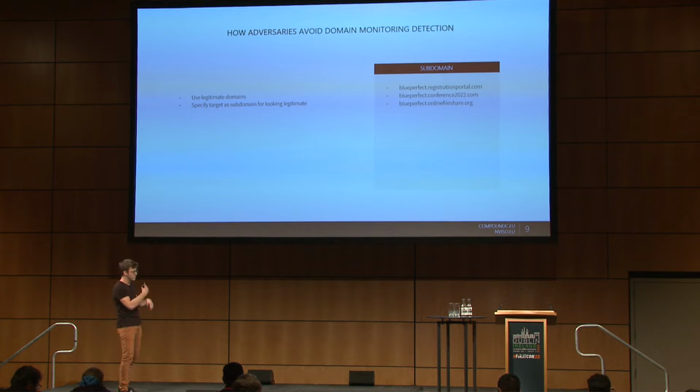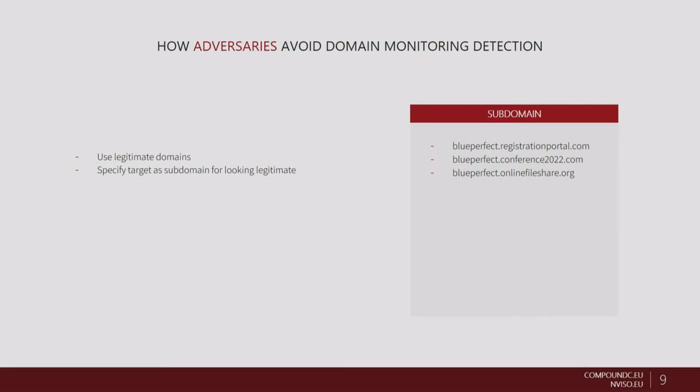Because I want to anticipate that, I'm going to buy a domain which is completely legit and which for you does not have any reference to, for example, blueperfect.net. An example would be registrationportal.com, conference2020.com, or online file share if I want to send a malicious Excel document or something.